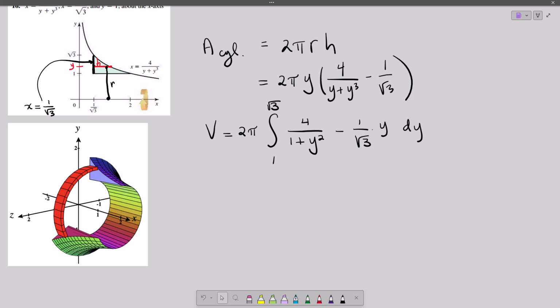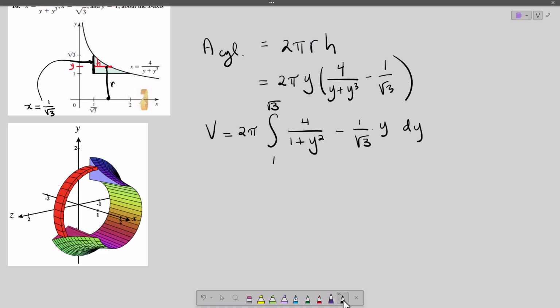Now, this one, though, does have an antiderivative that is in the antiderivative table, and we're going to see this one a ton. It's the most commonly used inverse trig function. You know that the derivative of inverse tangent is 1 over 1 plus whatever the variable is squared. So 1 over 1 plus y squared, arctan, inverse tan.